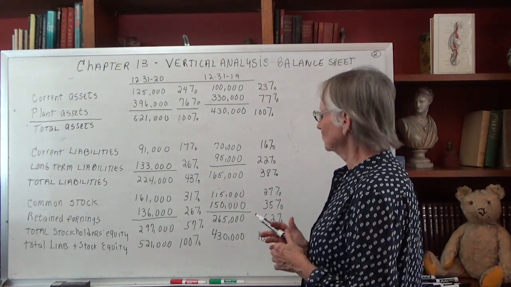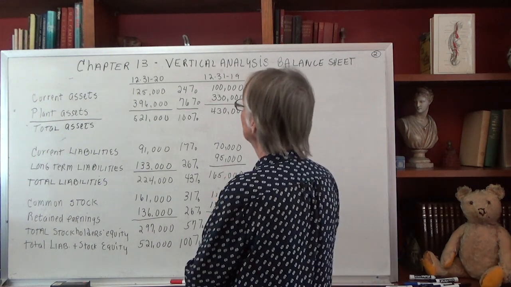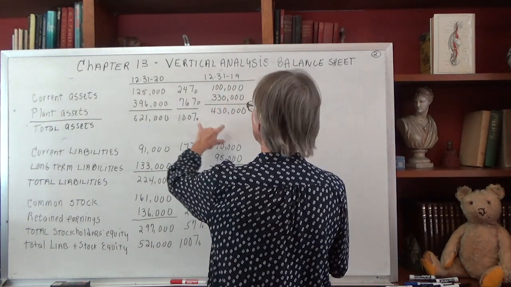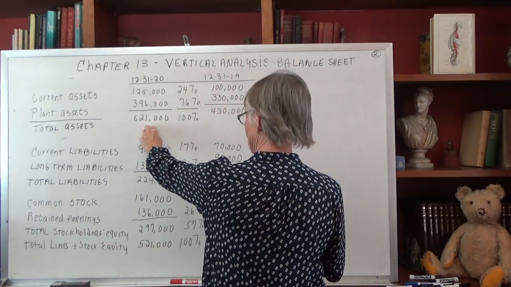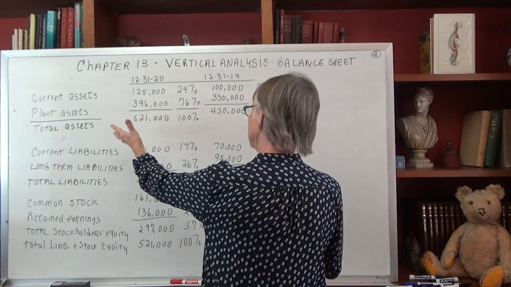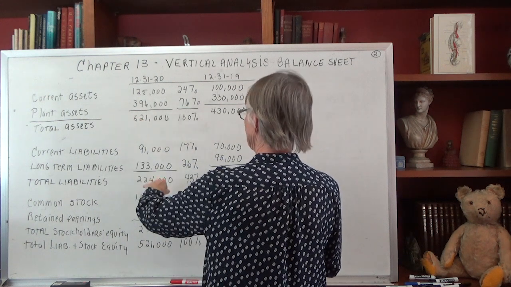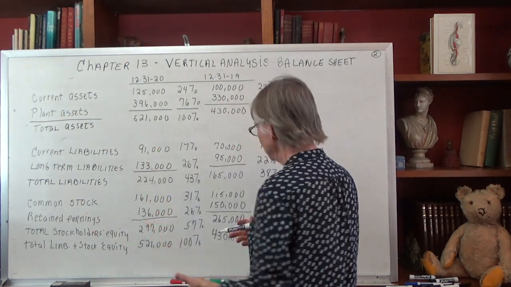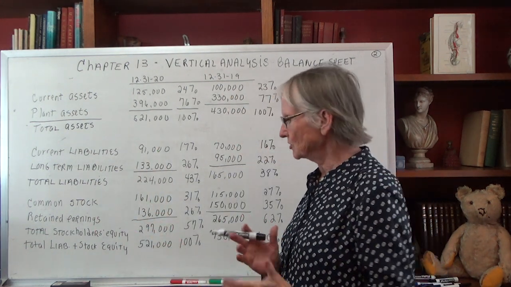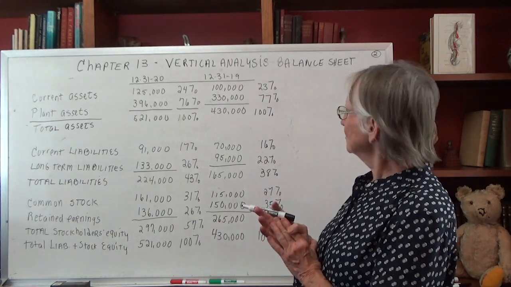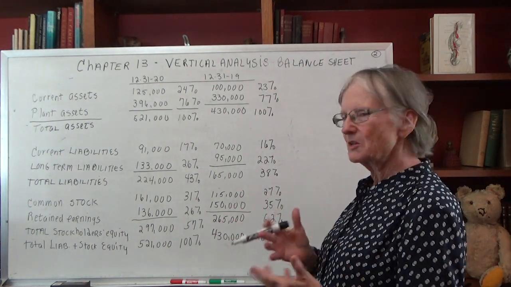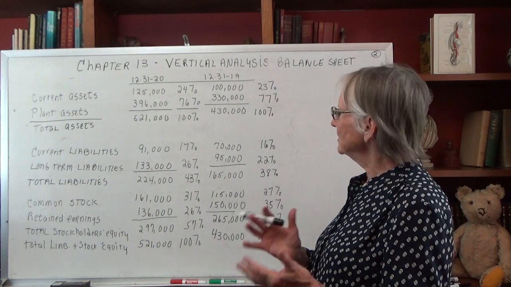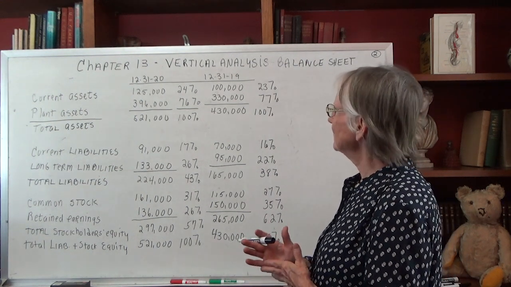Just looking at the raw numbers, you can see that this company from last year to this year, their total assets increased. That's good to know. Their total liabilities went up, their stockholders' equity went up, everything went up. So you could say, oh yeah, that's pretty good. But using the percentages, you can make comparisons of, in percentage terms, what really happened here.